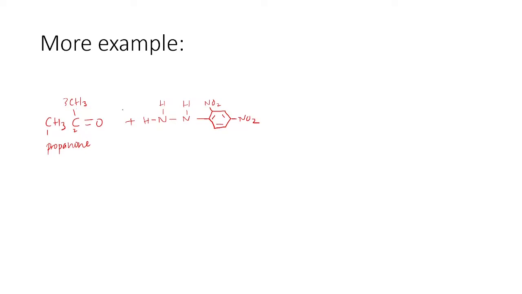Okay, so remember this is condensation, Brady's test, condensation using 2,4-dinitrophenylhydrazine. This is the 2,4-dinitrophenylhydrazine, and this is the water that is going to be eliminated.